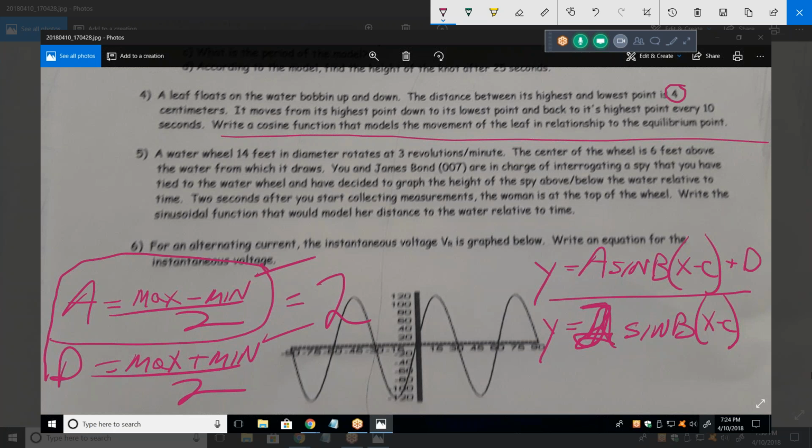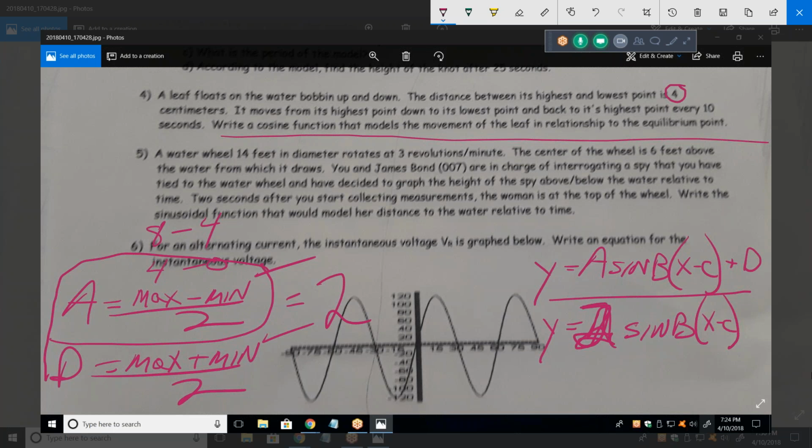No, 10 seconds has to do with the period. First of all, if the maximum minus the minimum is 4, then that could be like 8 minus 4. Could also be 4 minus 0.